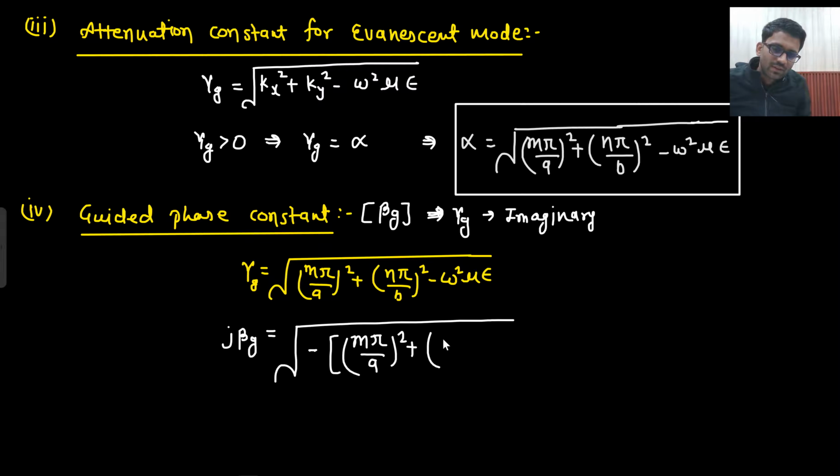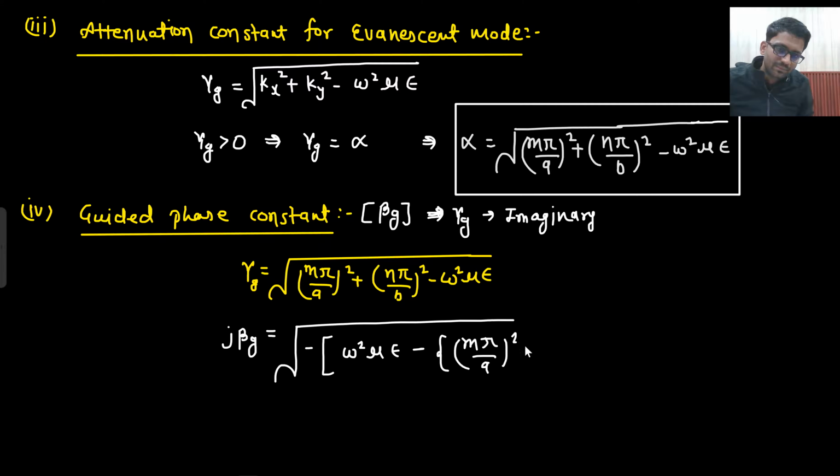(m pi by a) whole square plus, minus common I am taking, no? So omega square mu epsilon minus (m pi by a) whole square. Look, this is all about brackets. Bigger bracket omega square mu epsilon minus smaller bracket (m pi by a) whole square plus (n pi by b) whole square, right?